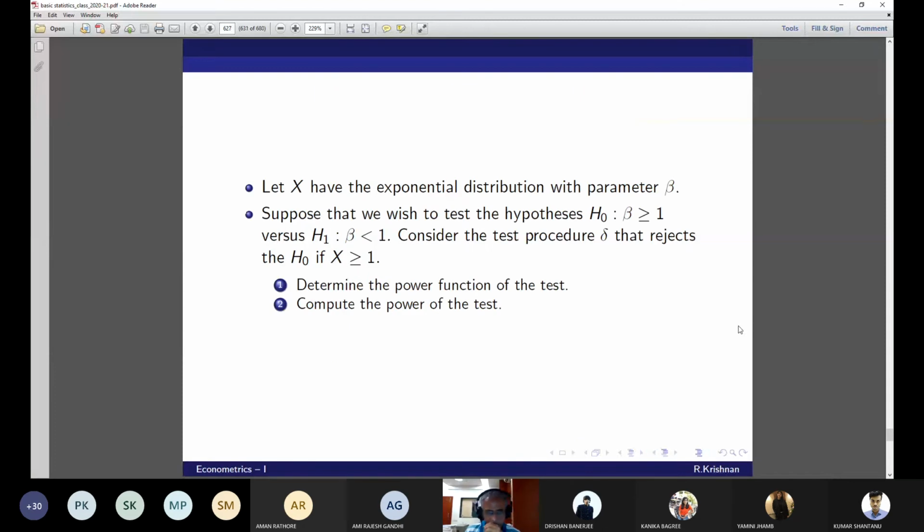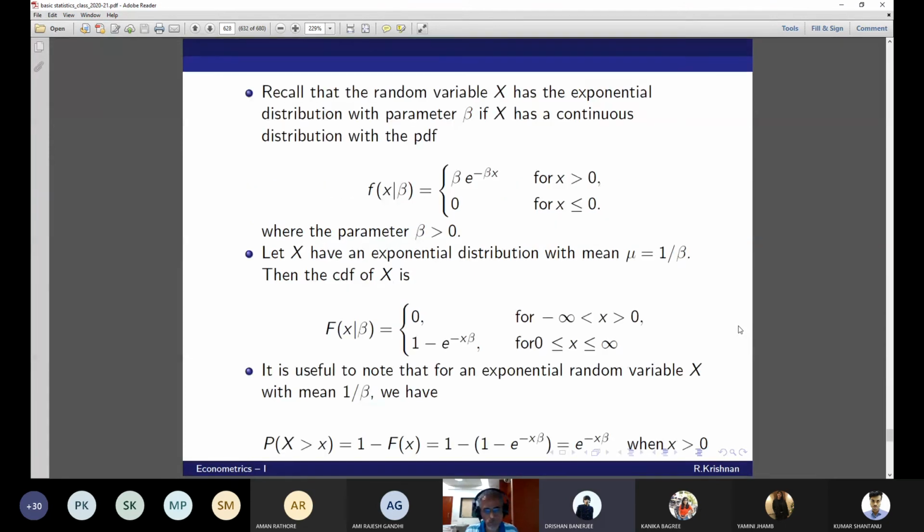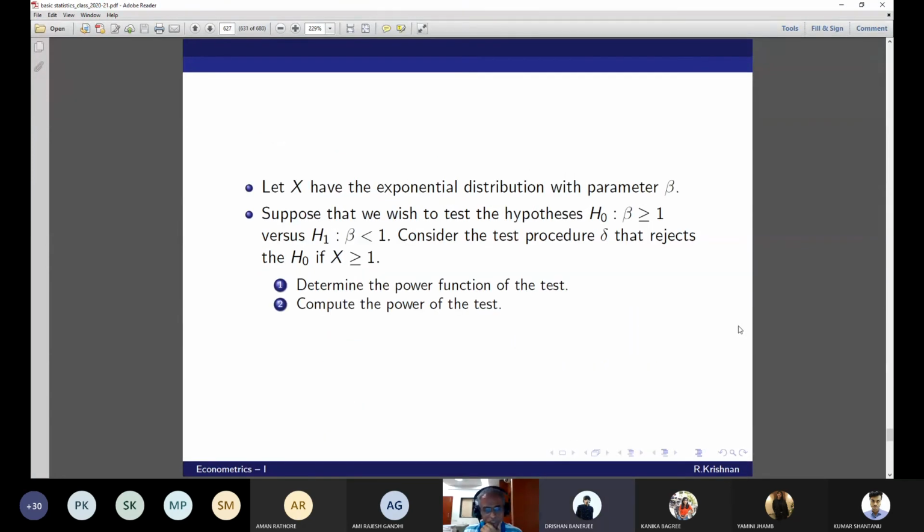Now, what will be the power function of this test? Sir, e to the power minus beta. Exactly. What is the second one? Power of the test. That's also one line, because you have to show now that it is also a decreasing function.